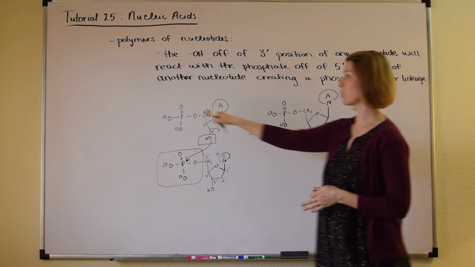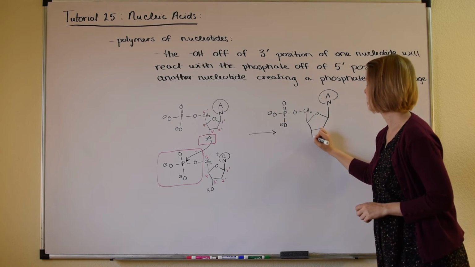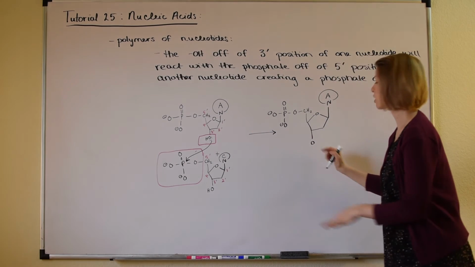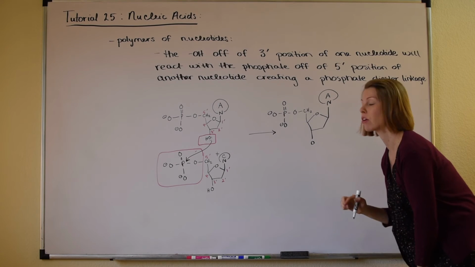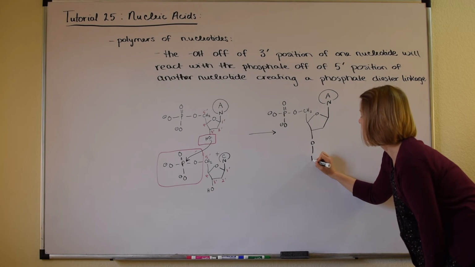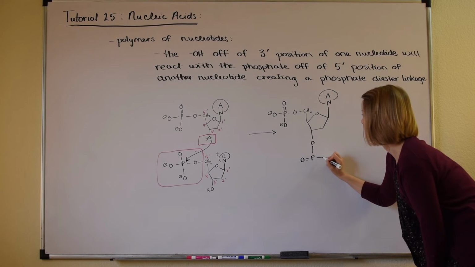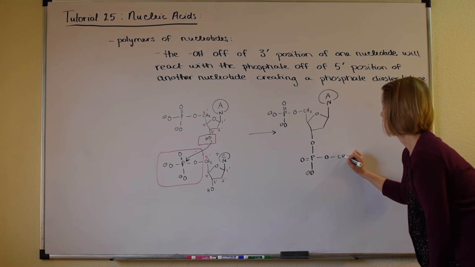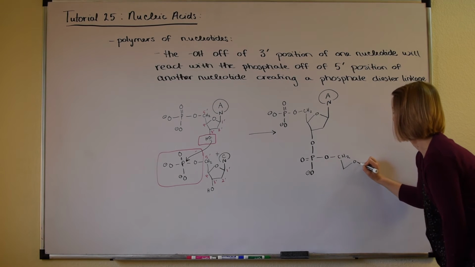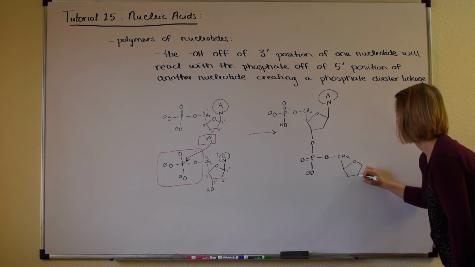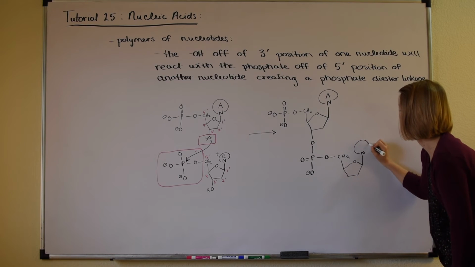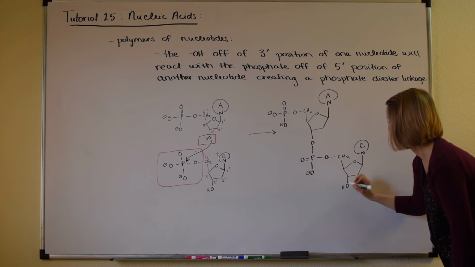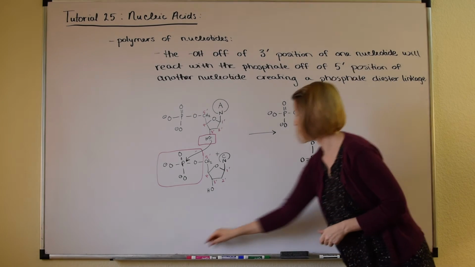Okay, so this phosphate didn't react. That's left intact. But this alcohol off of 3' reacted with phosphate off of the 5' position of the other nucleotide, and we're going to get a phosphate diester linkage. Okay. And again, we made this one a cytosine. And so let me label.